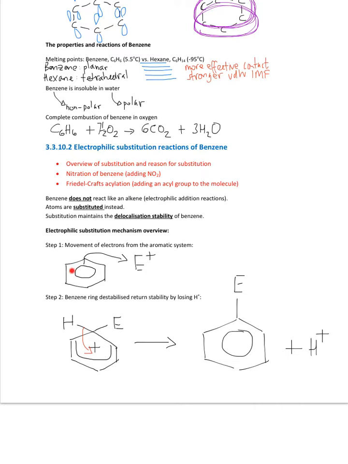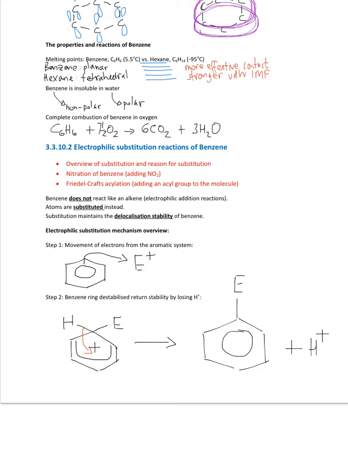So we have the benzene ring here. The electron-rich area within the benzene is attracted towards a very powerful electrophile. It needs to be powerful to draw the electron pair to the E+, where E+ stands for electrophile, to draw it from the delocalized electrons. But what needs to happen is this. There's an H on each corner here.